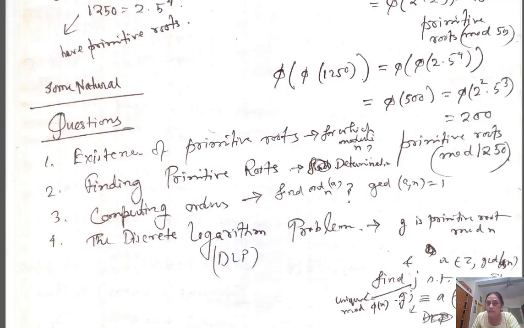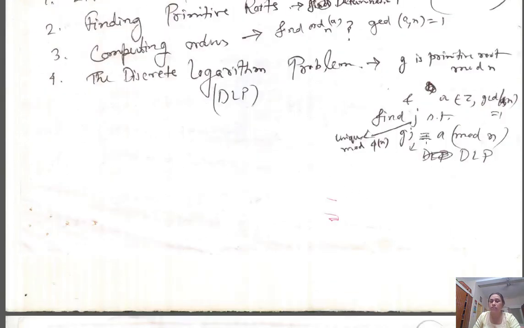So G is given, A is given, n is given. You have to determine this power J for which G to the power J equals A. So J is the discrete log of A modulo n to the base G. How to find the discrete log? This is called the discrete log problem.